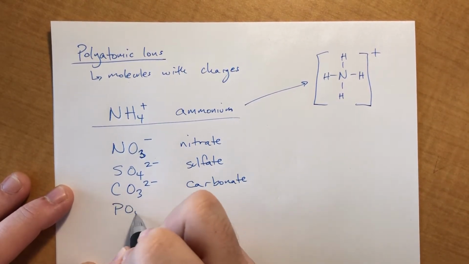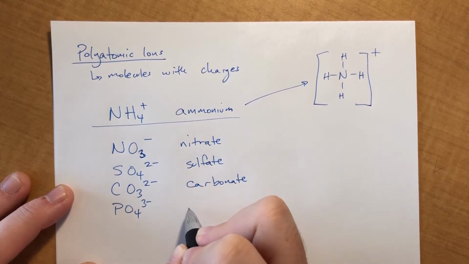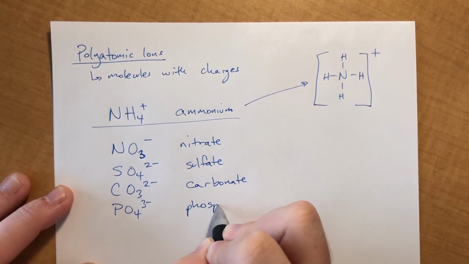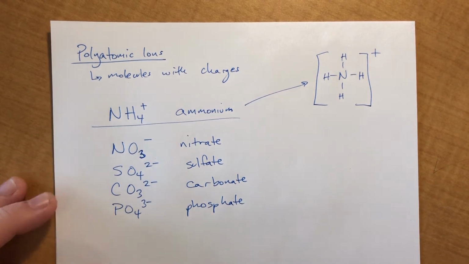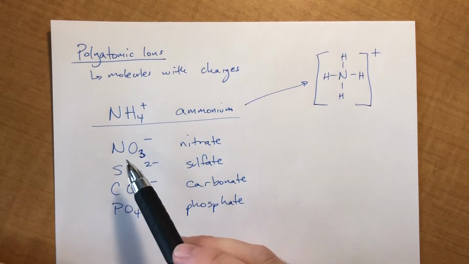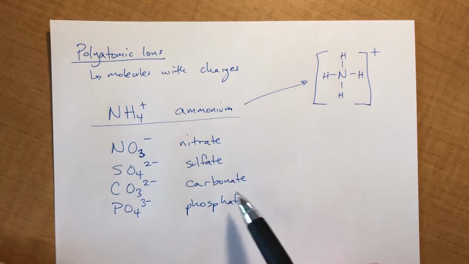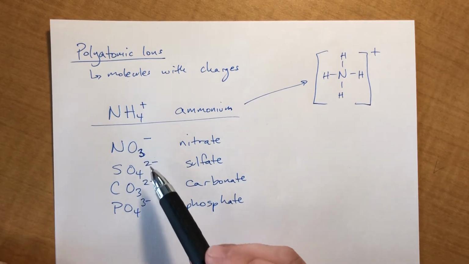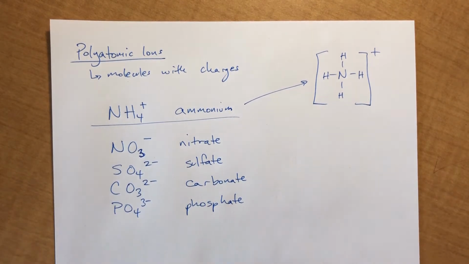A phosphorus with 4 oxygens and a -3 charge is phosphate. You'll notice that basically you just take the name of the nonmetal and make it an -ate. Figuring out how many oxygens and the charges is kind of the hard part. I'm going to need you to memorize those. I'm sorry. We will get lots of practice, we will learn these, okay?